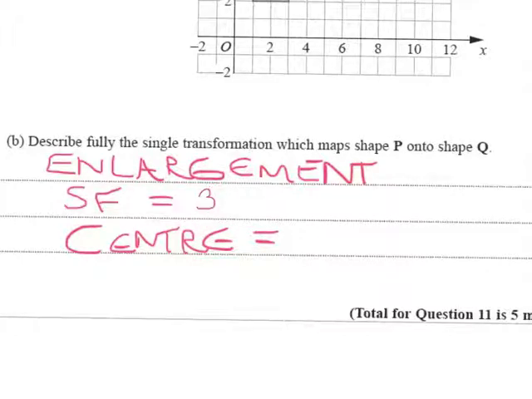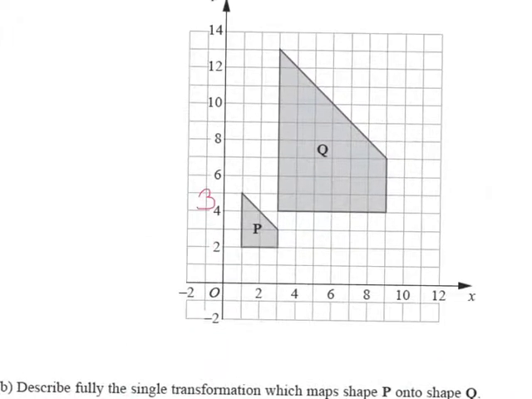The next thing we need to do when describing enlargement is talk about the centre of enlargement, which just states exactly where the enlargement is going to happen. So we actually need to draw lines going from corresponding points. Now the easiest one is this one here, and that's going to go through there. Then we're going to go to the top corner, and that's going to come through that point and that point.